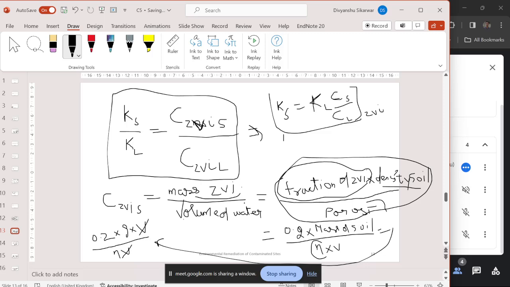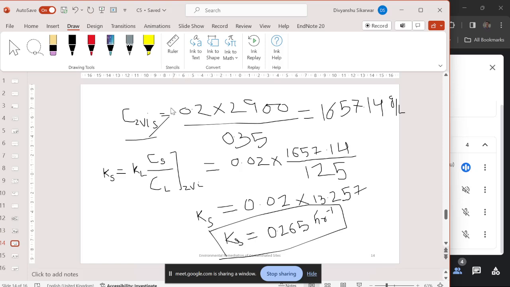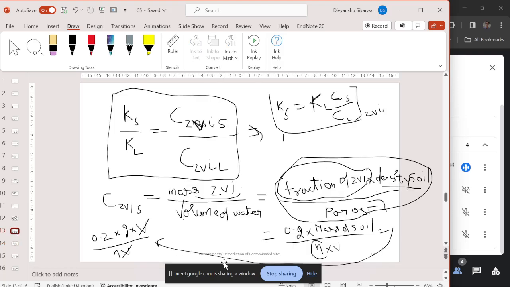If we divide, or break it down into a formula, we get 0.2 into density into volume divided by velocity into volume. The volume cancels out, so this will be the formula.